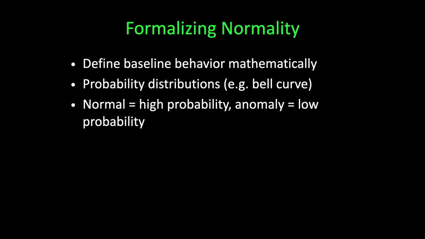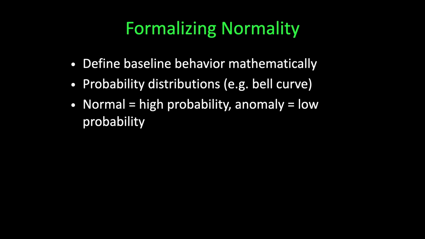Now that we've defined anomalies, let's talk about the flip side. What does it mean to be normal? In everyday speech, normal just means typical, but in anomaly detection, we often need a more formal definition. One common way to formalize normality is through probability distributions.